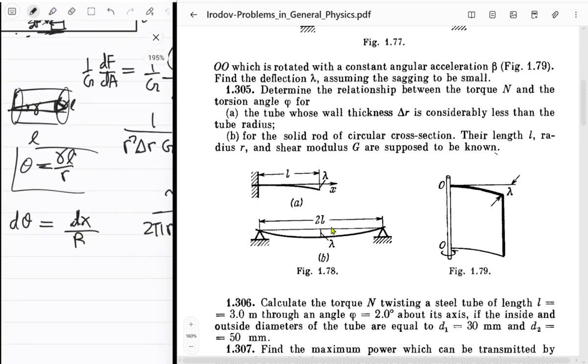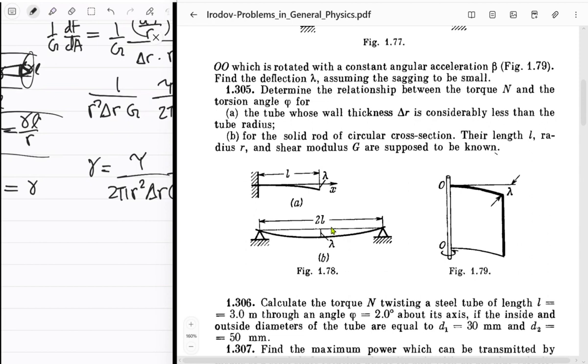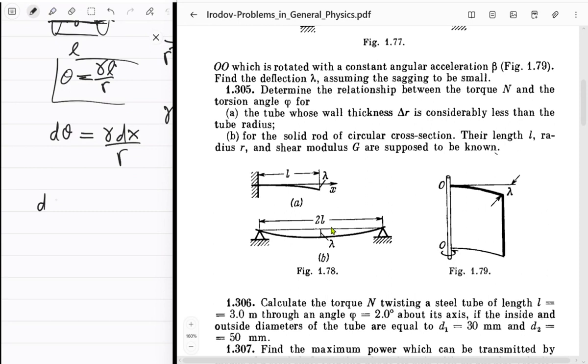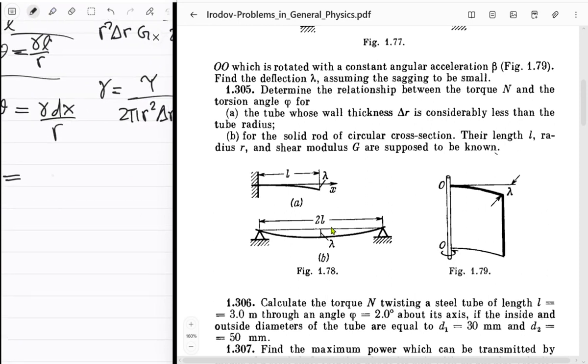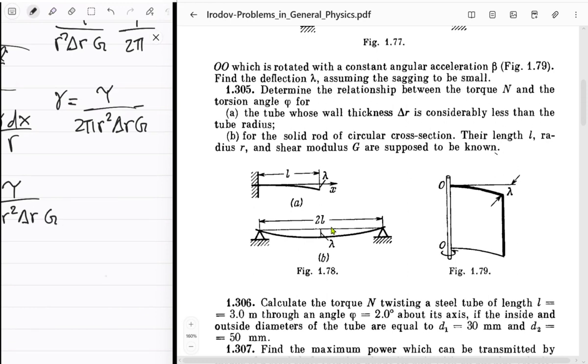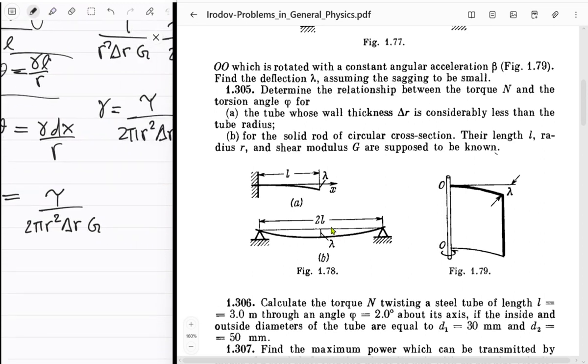Right, so you got theta. Okay, differentiating that, just get d theta. That would just be equal to gamma. This thing is just equal to gamma, by the way. Okay. Then you got dx upon r. Now just put this over there. So you get d theta is equal to gamma, which is this thing, tau upon 2 pi r squared delta r, then g. Starting to think that it might have been actually better to just, well, whatever.